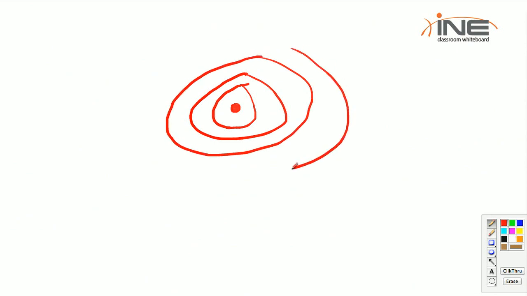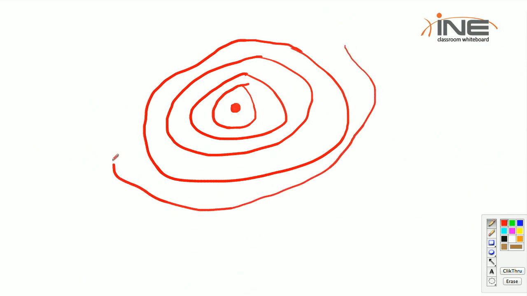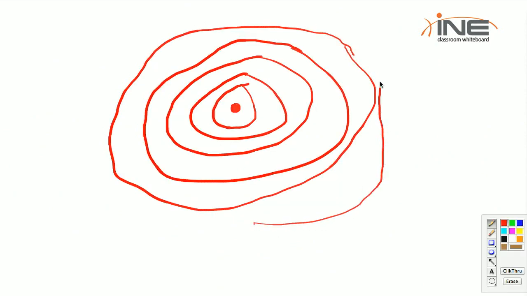almost in a bullseye. You can tell I'm not the drawer or artist in the family by any stretch of the imagination, especially with this particular pad. Wow, that was really bad. I'm just going to erase that one. But we begin to see this wave emanate out from the center.